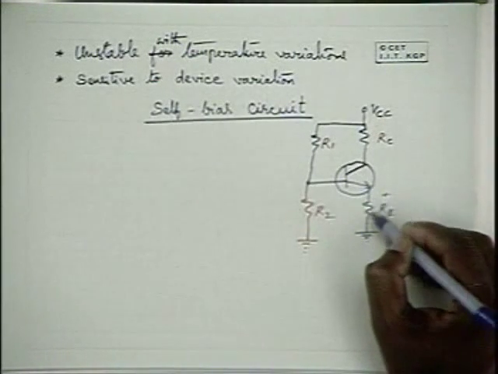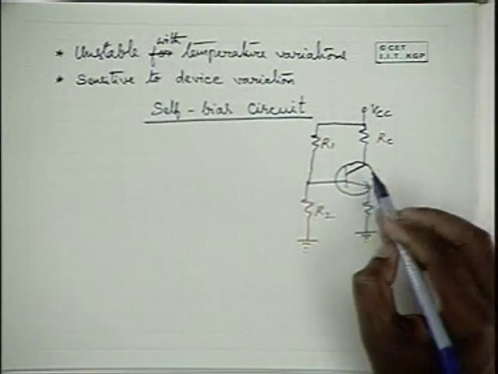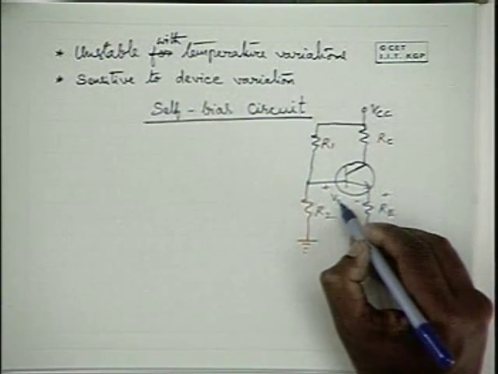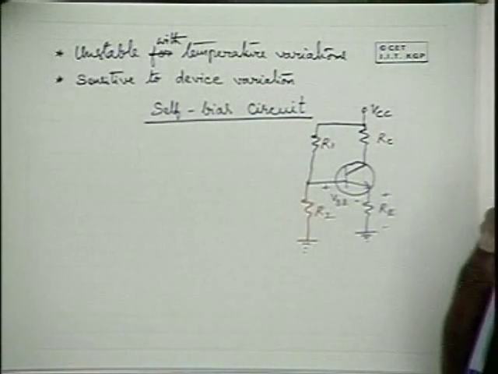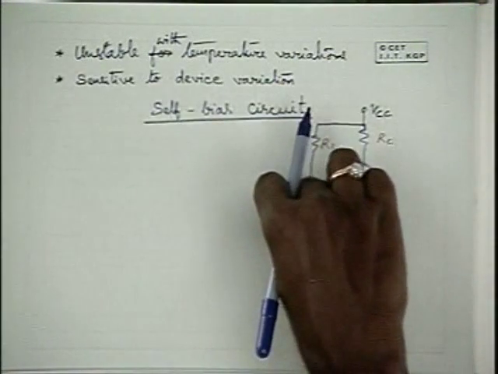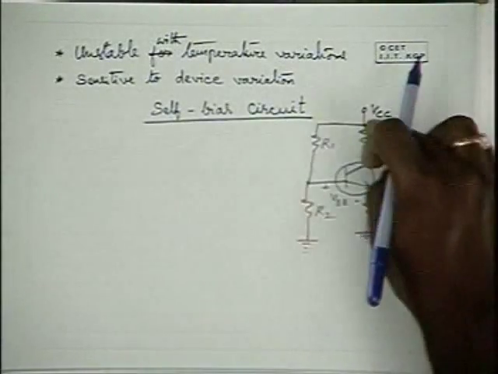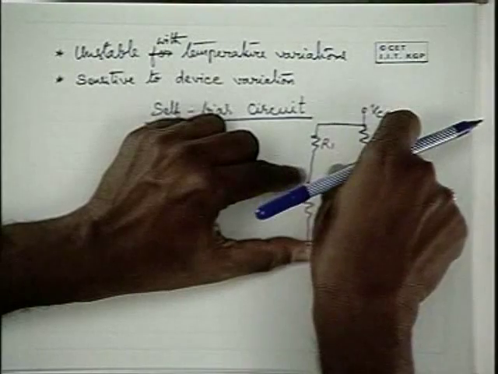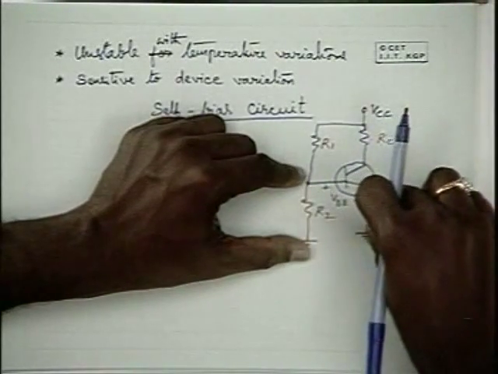When it increases, what happens to the voltage drop across the base to emitter junction? This side is supplying a potential, and that potential is being shared between the base to emitter junction and the emitter resistance.